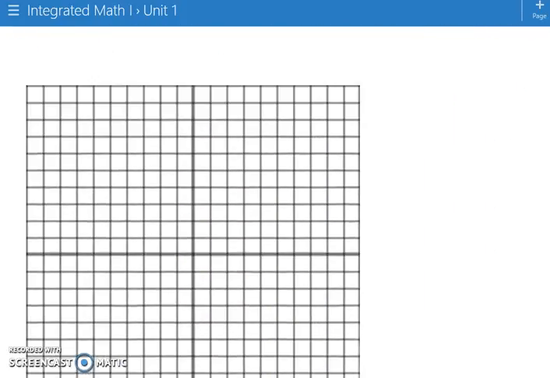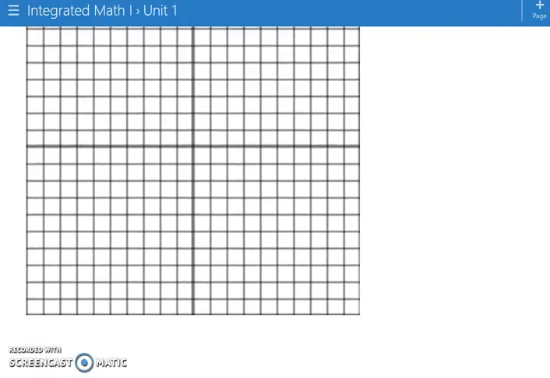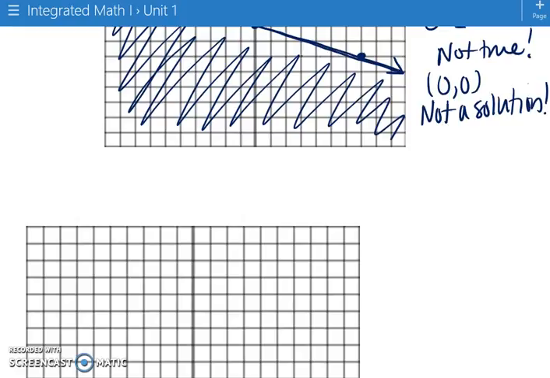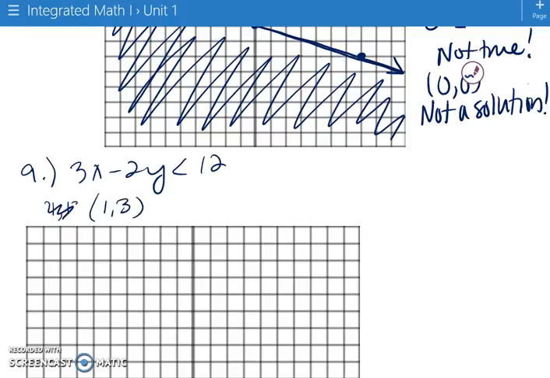I'll do number 9. Number 9, we just want to figure out if the point is a solution or not. So I'll just do a few of these, but it's just a matter of plugging it in, right? So for number 9, 3x minus 2y is less than 12. And I want to test the point (1, 3). So I'll plug in 1 for x, 3 for y, and I want to see if it's less than 12.